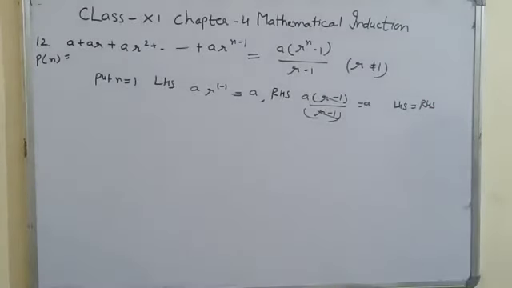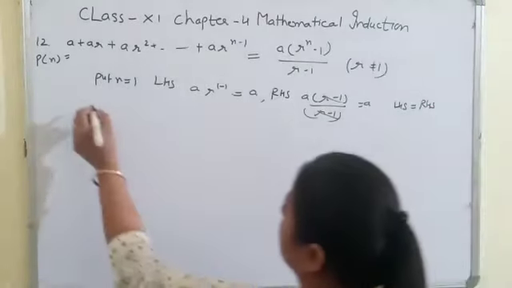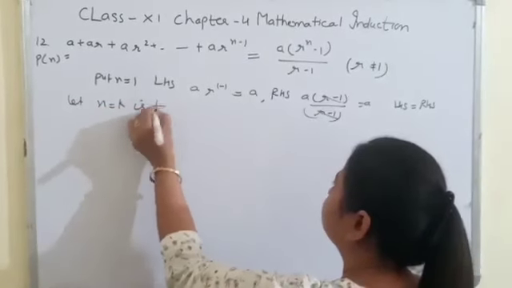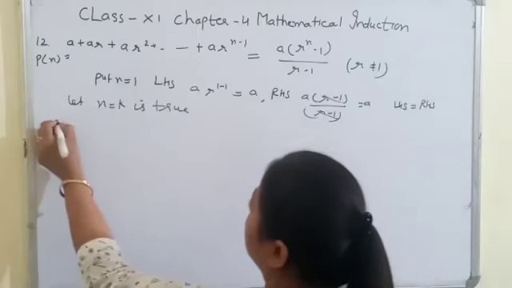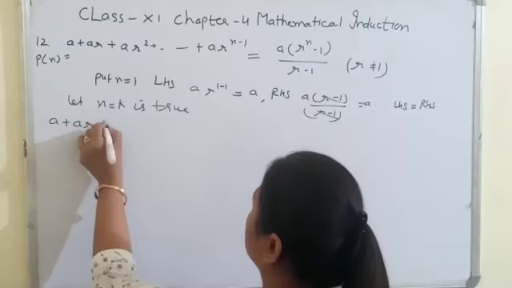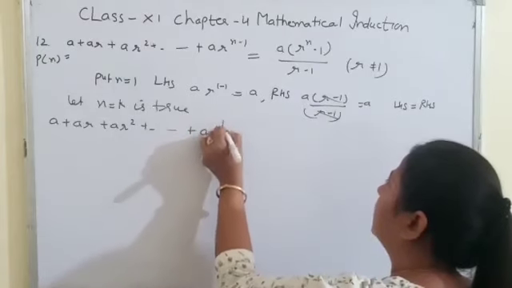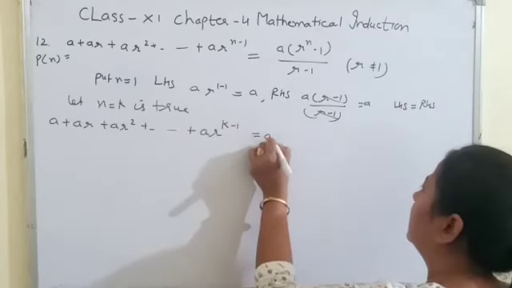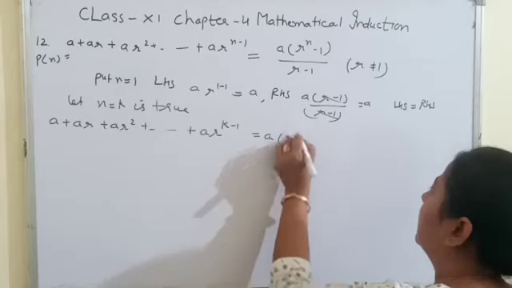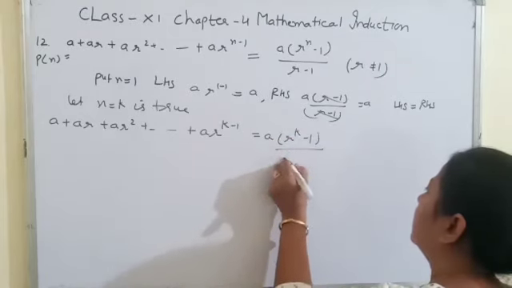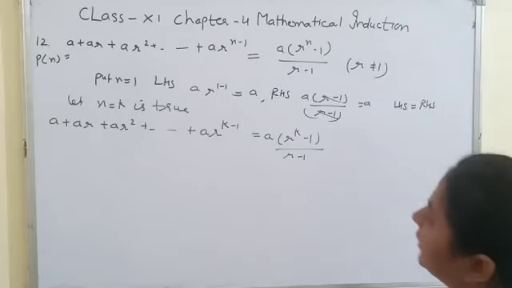Second step, same, we will take n equal to k. Let n equal to k is true. a plus ar plus ar square, and so on, ar to the k minus 1 equals a into r power k minus 1 upon r minus 1.